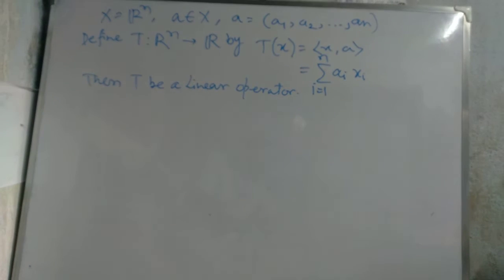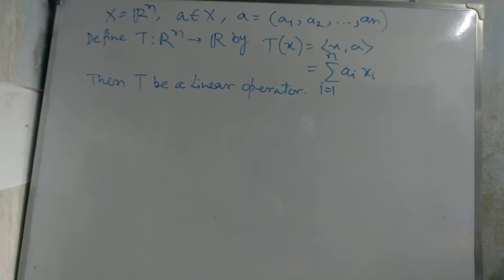Then T is a linear operator, okay? We also check whether this one is linear or not. Again there was some problem. Also check it.